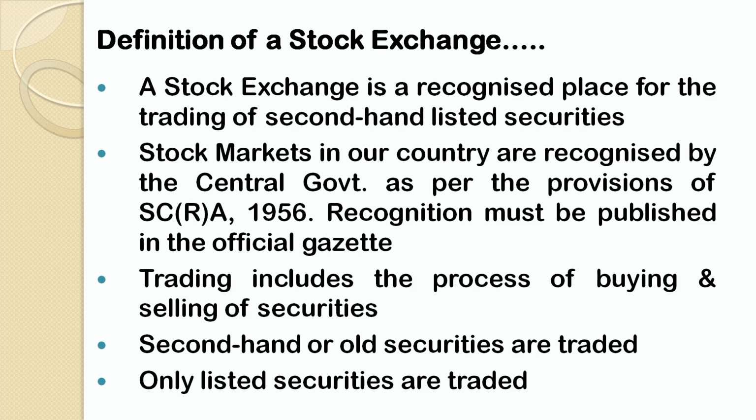But when the company decides to trade its securities over the stock exchanges, then these shares which were earlier floated in the primary market are listed over the stock markets, and that's why those securities become old securities or second hand securities.